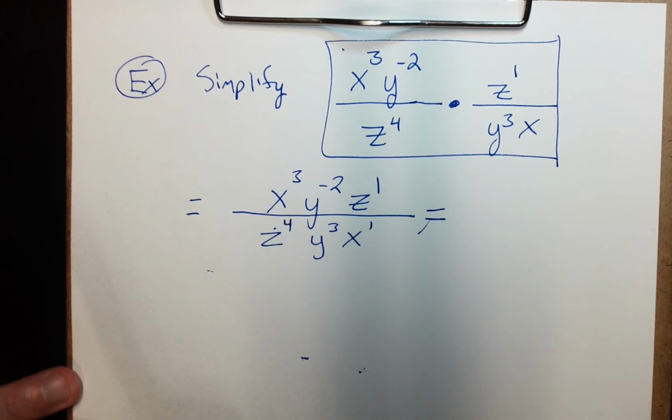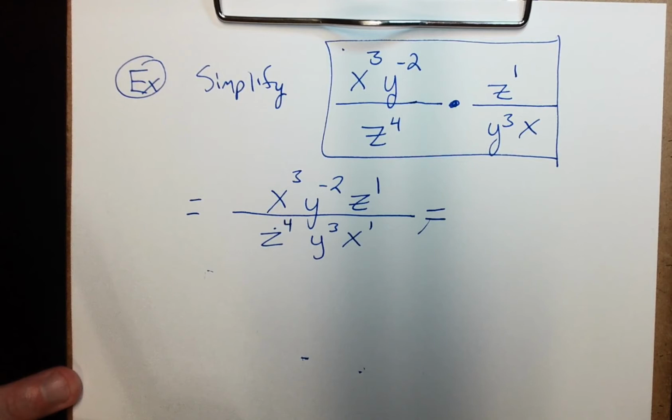Right? So simplify this. This is just an example. If you have to simplify something like this, then you want to apply your rules and properties of exponents to just move stuff around and combine the different z powers, combine the different y powers, combine the different x powers, basically. That's all you need to do.